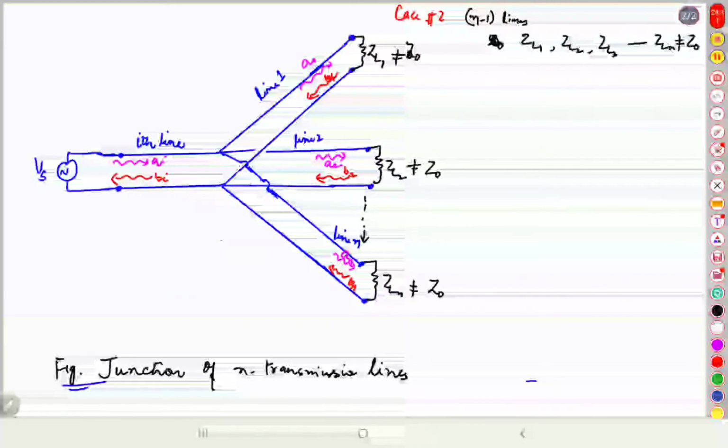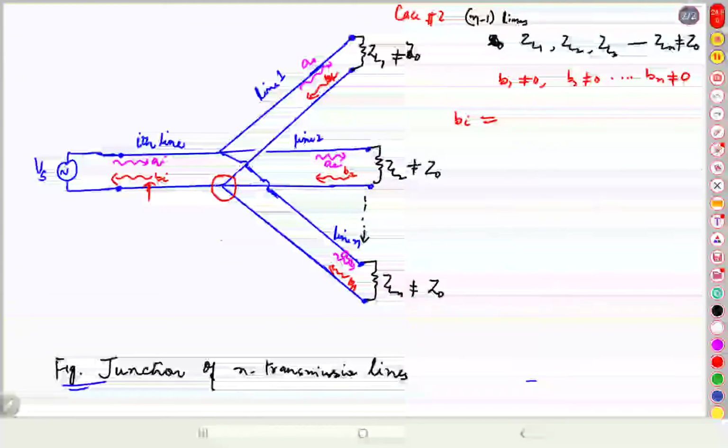So that would mean B1 is not equal to 0, B2 is not equal to 0, and so on up to Bn. So in this case, Bi, if we look at this node, would simply be equal to B1 plus B2 plus so on till Bn.